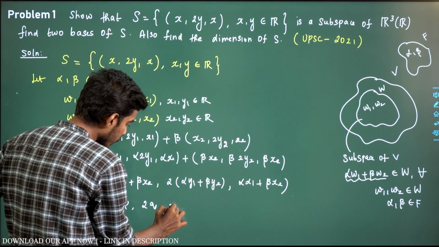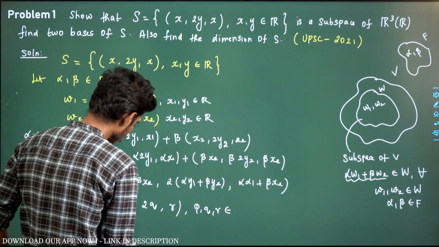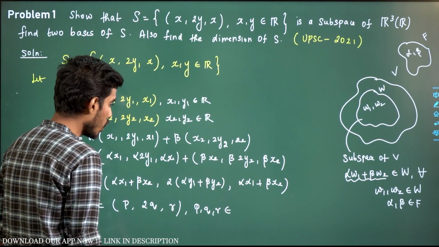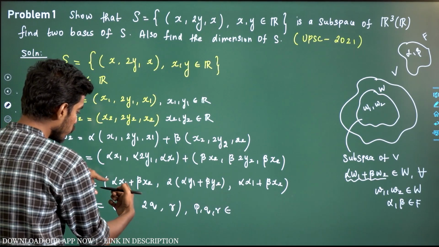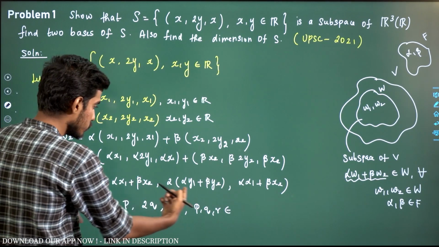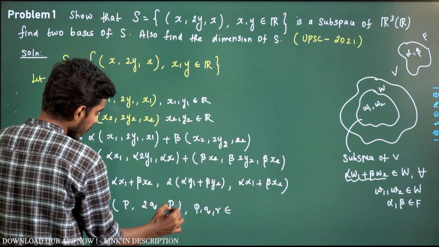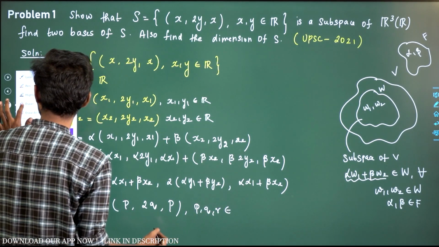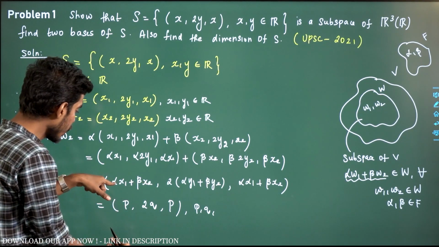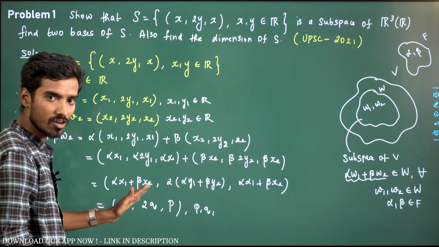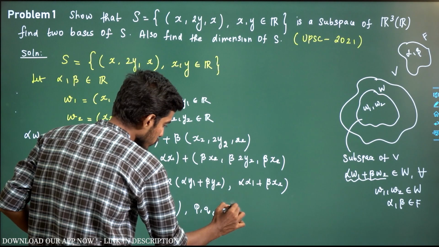The third element is the same as the first, alpha x1 plus beta x2, so let us call it P again, where P, Q are real numbers. Why? Because P is alpha times x1 plus beta times x2: alpha, beta are real numbers, x1, x2 are real numbers, and sums and products of real numbers are again real numbers. So P, Q belong to the real numbers.